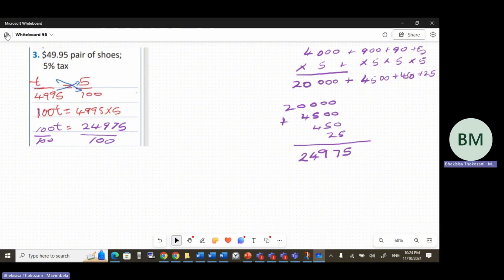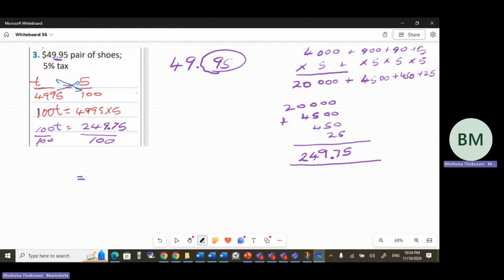The question was 49.95, meaning that there were 2 numbers after the decimal point. So here I must have 2 numbers after the decimal point. That one is very crucial, guys, because it's easy to forget. So I'm going to put it here. Because if you forget that, the whole thing will be wrong. Where do I get this decimal point from? From the question itself. So that's why I'm putting it there.